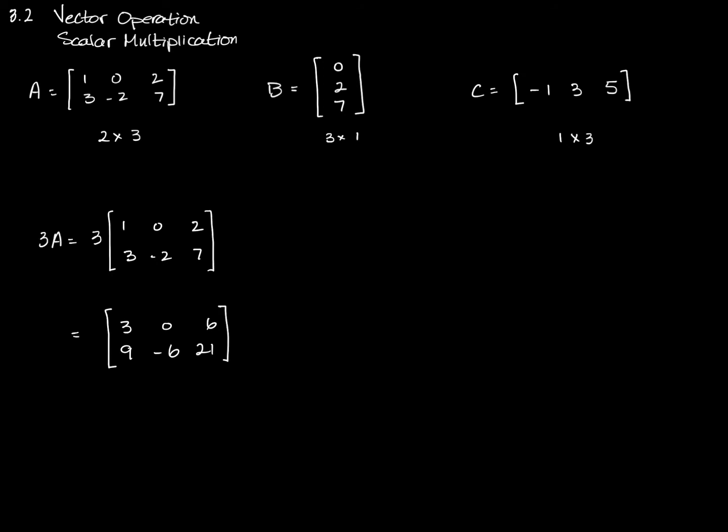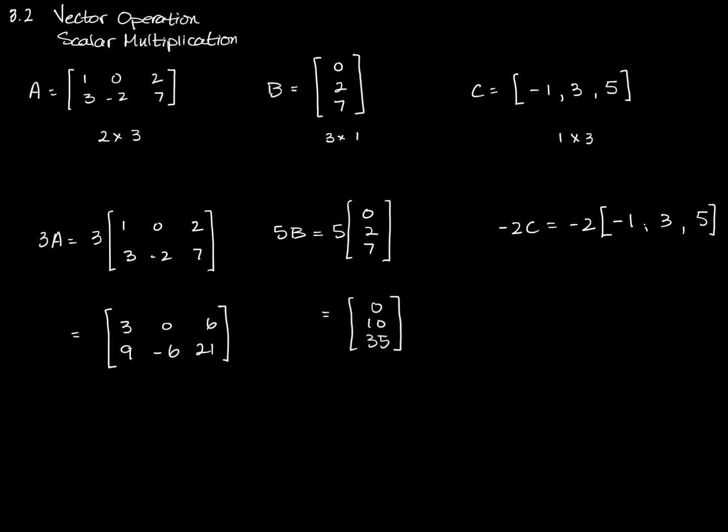And I can do the same thing with B. Let's go 5B is 5 times each of the entries in the matrix B, which is 0, 10, 35. And if I want negative 2C, I just multiply negative 2 by each of the entries in that matrix.